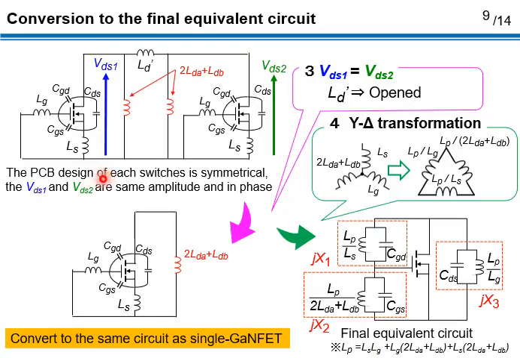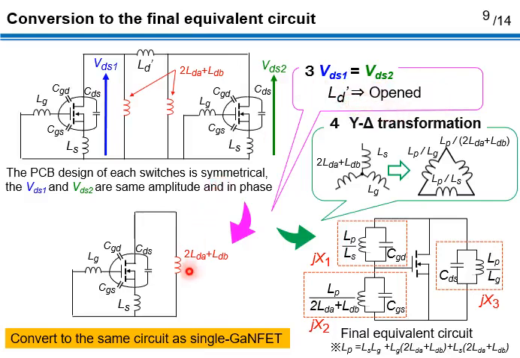We note here that the drain source voltages of parallel switches are in phase and of the same amplitude. This is because PCBs of parallel connected switches are usually designed symmetrically. There is no potential difference at LD', and it is an open circuit.